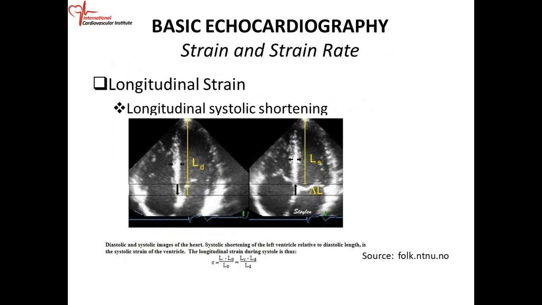Okay, and then the strain rate is the rate at which strain is occurring, so you divide it by the change in time. Okay, so this is your longitudinal strain, and this is what we use mainly in clinical practice. Okay, in systole, the base of the heart moves up towards the apex. It shortens. Okay, so this is global strain.